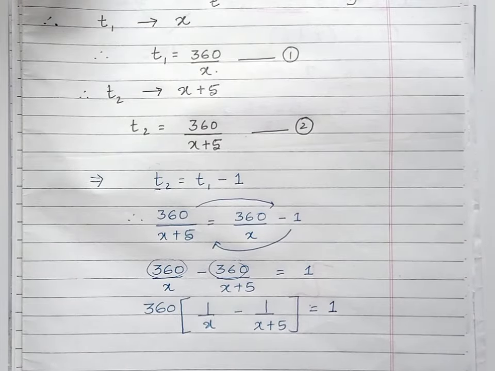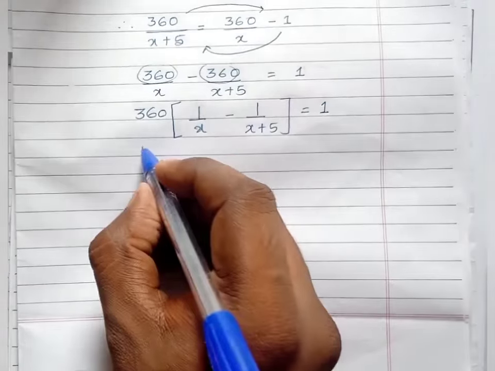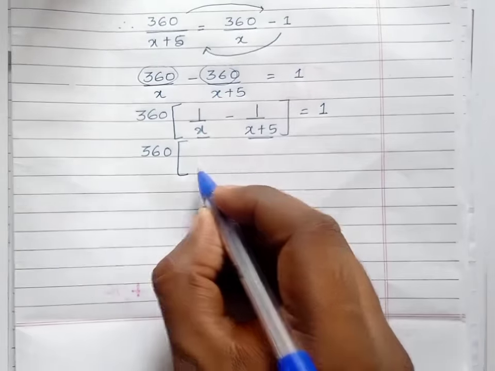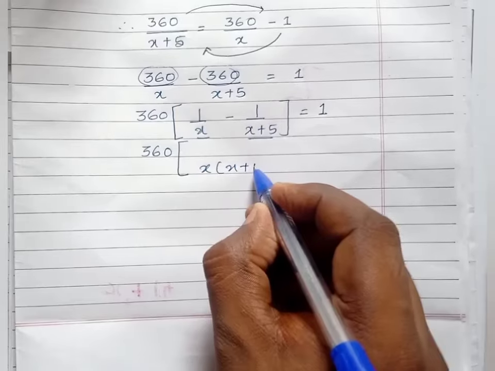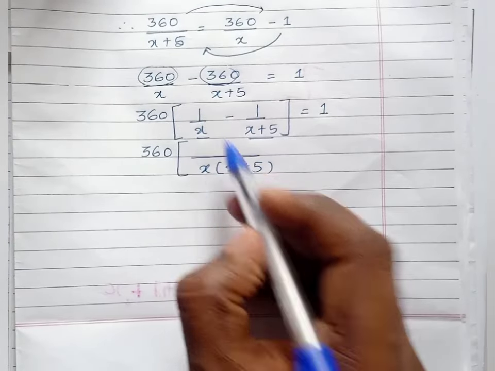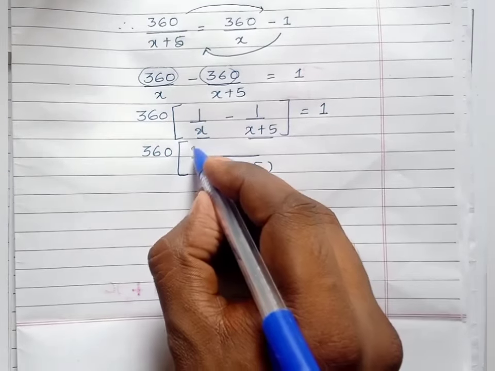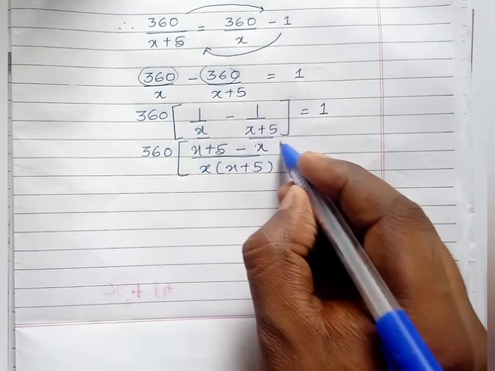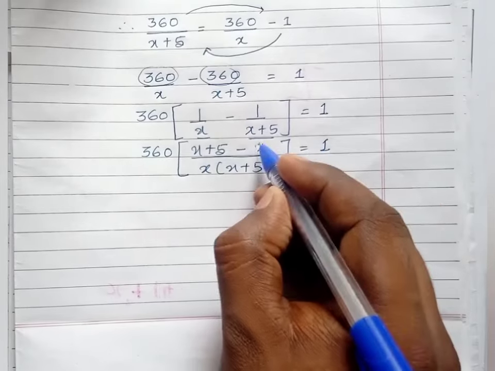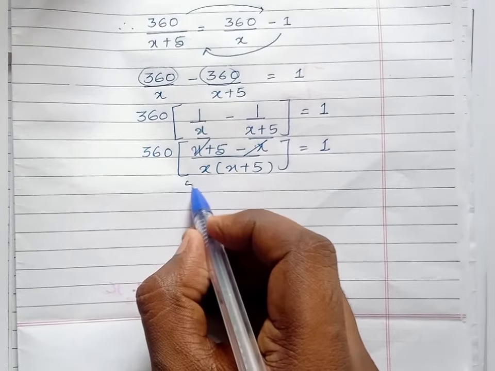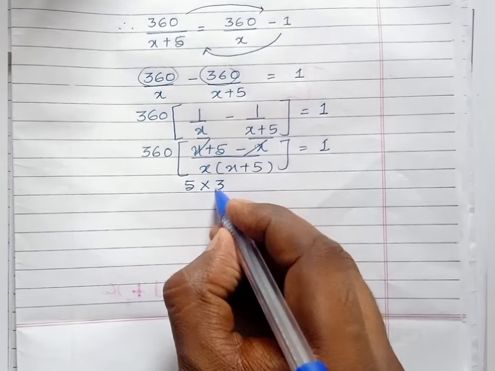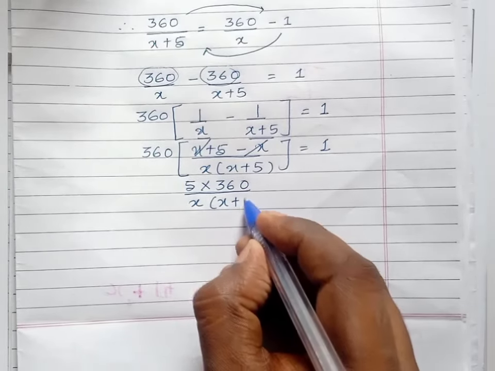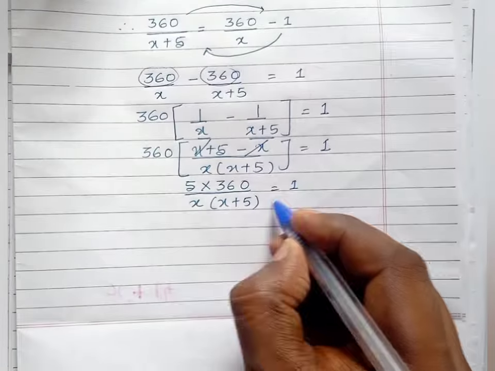Now taking LCM, the LCM is x into x plus 5. Now 1 by x into LCM, x will get cancelled. What you get is x plus 5. The same way 1 by x plus 5 into x plus 5, x plus 5 will get cancelled. What you get is x plus 5 minus x, which is 5. What you get? 5 into 360 divided by, now I will multiply x into x plus 5 equals 1.